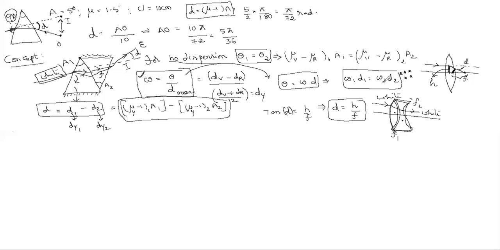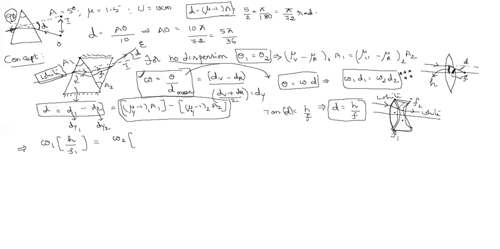So for the combination, I write omega 1 into d1, which is h by f1, equals omega 2 into d2. Same height, sir, because here we neglect the thickness.